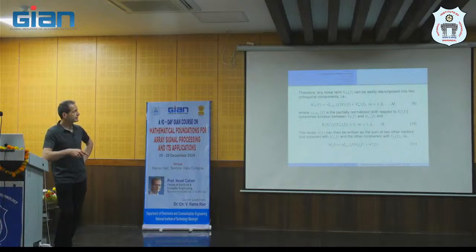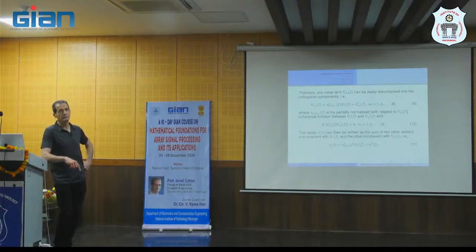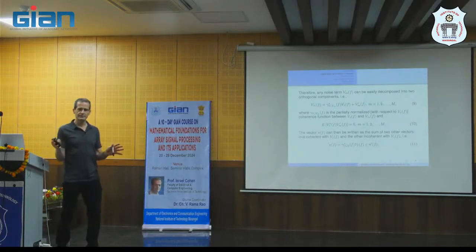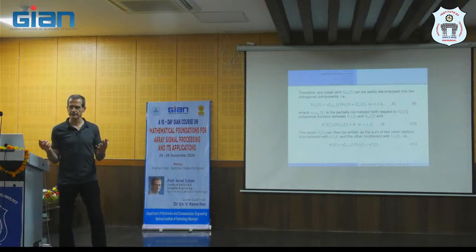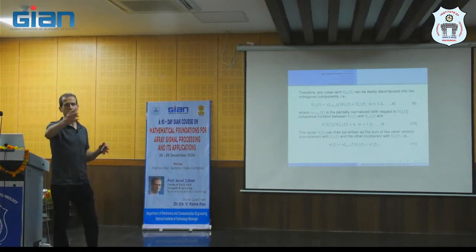And here I have the remaining part. So this part will be easier to handle. Why is it easier to handle or easier to suppress? Because with multi-channel, I have the ability to filter out different directions.